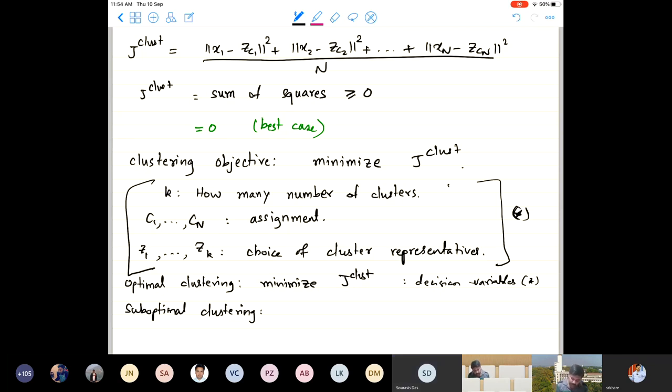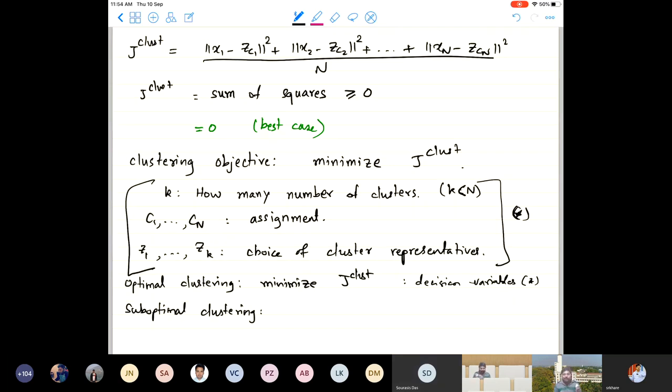We don't know. We'll just assume that K is less than N. K equal to N, with every point coinciding with a ZK, would actually be the minimum cost. So I put a constraint here: K is less than N. There is a lag, so I say it first and it comes a little later.